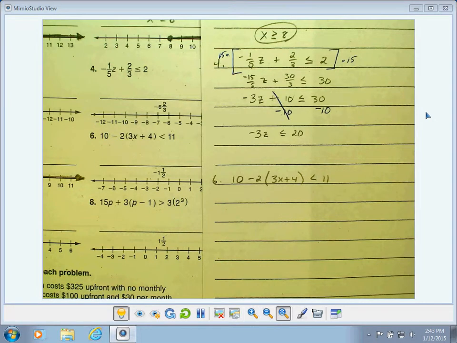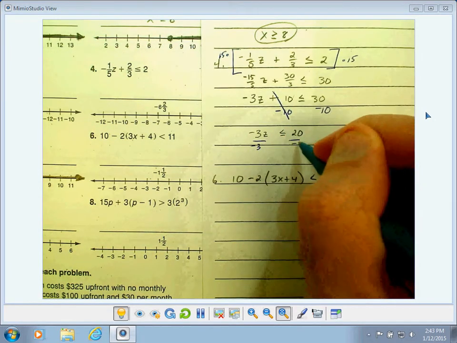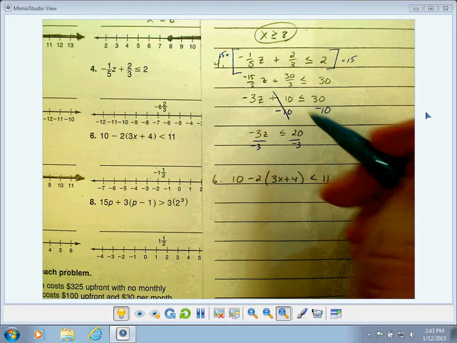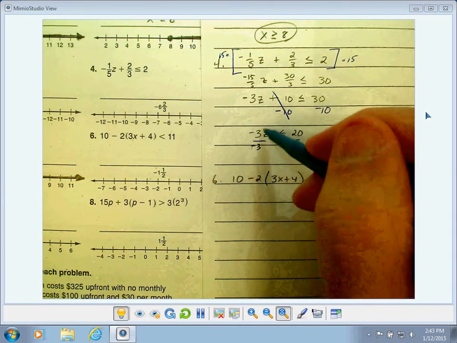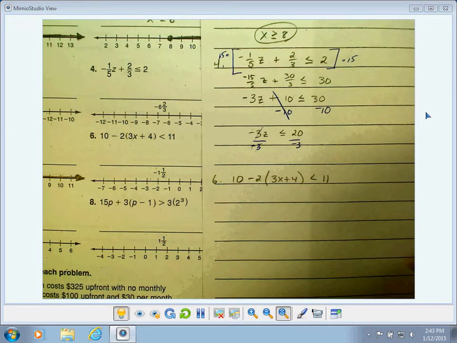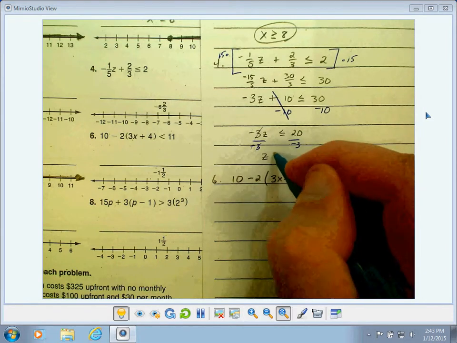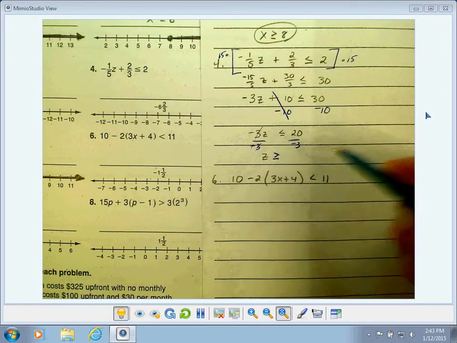And now your last step will be to divide by negative 3 on both sides. The reason why we divide by negative 3 is to cancel the negative and the 3. That'll leave us with z by itself. Remember, now we divided by a negative, which means we have to reverse that symbol. So now it's going to be a greater than or equal to.